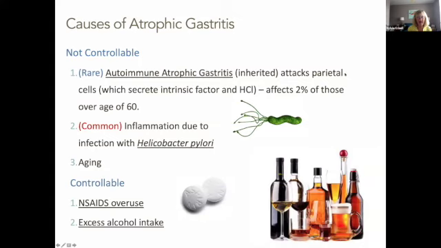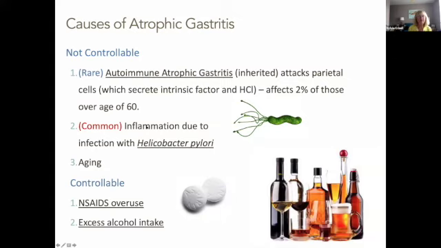And what happens is your own antibodies attack those cells that produce hydrochloric acid and intrinsic factor. And so you break down your own glands. That means you're not going to be producing everything that you need. So atrophy can occur here by a genetic condition.